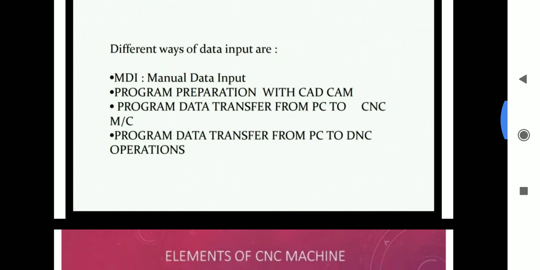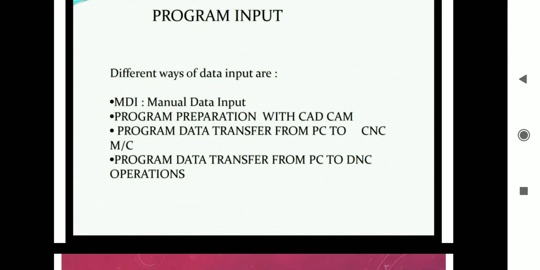Programming input: there are different ways of data input in CNC machines. The first one is MDI, manual data input. The second one is program preparation with CAD CAM. What do you mean by CAD and CAM? CAD is software for designing any product.